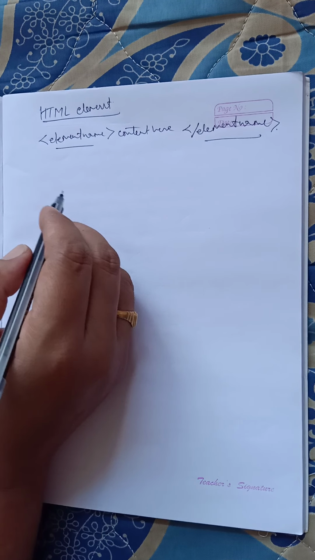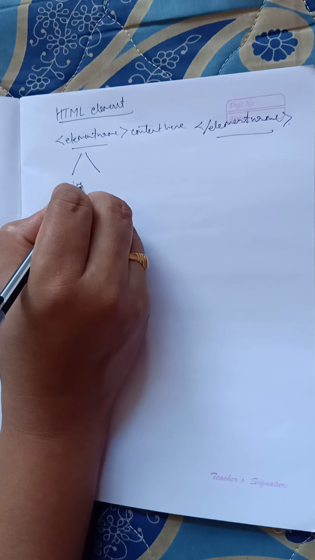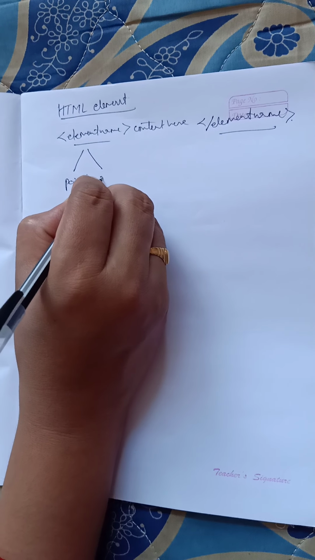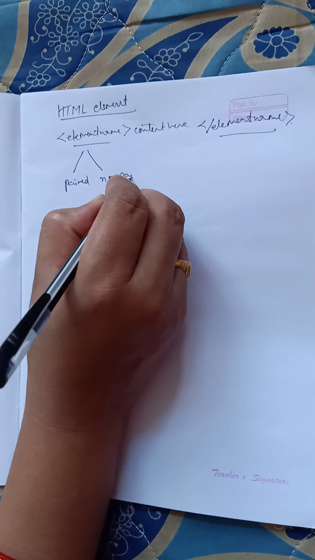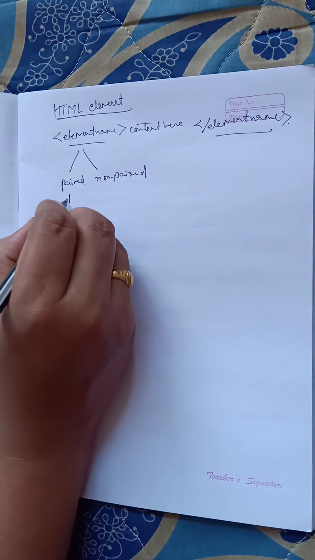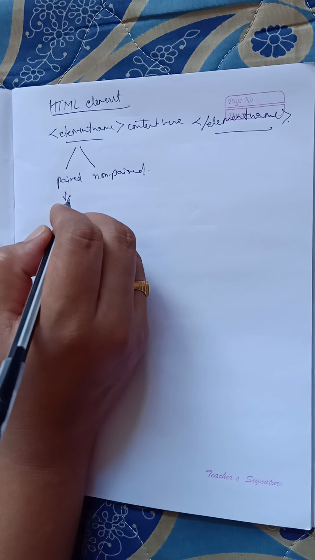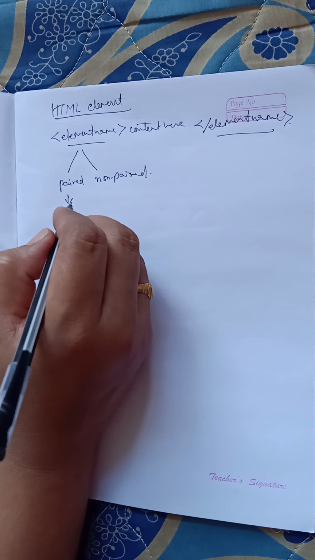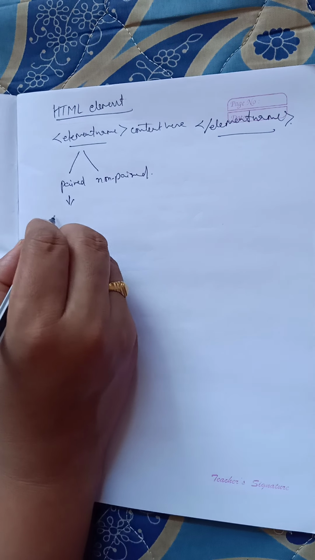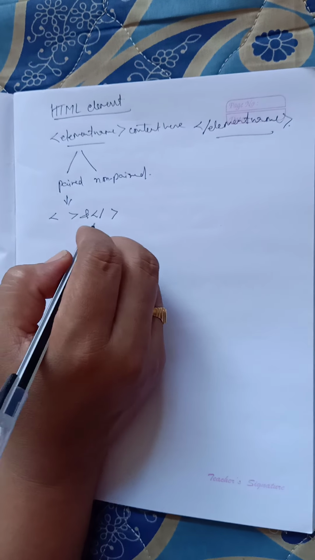So there are two types of tags. One is paired, another one is non-paired or unpaired. So in paired, what happens? We have a collection of opening and closing tag.